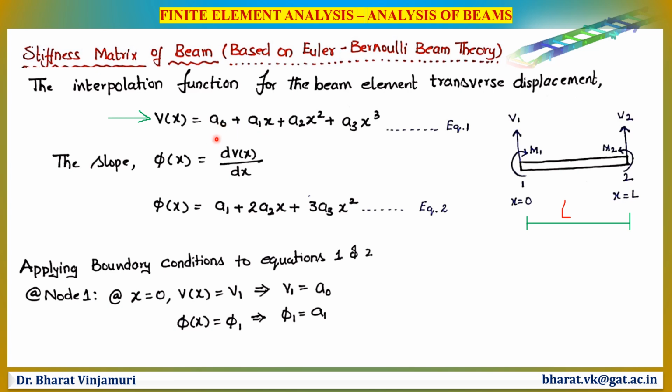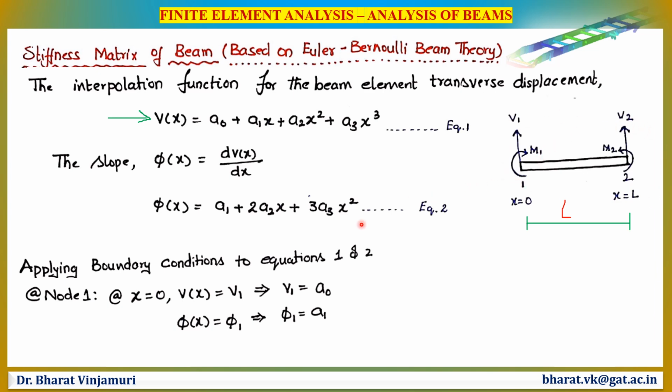The basic rule in FEA, in selecting an interpolation function, is that the number of coefficients should be equal to the number of unknowns. So by applying this rule, I have selected a cubic equation, a0 plus a1x plus a2x square plus a3x cube, which has 4 coefficients, a0, a1, a2 and a3, corresponding to the number of unknowns of the beam.